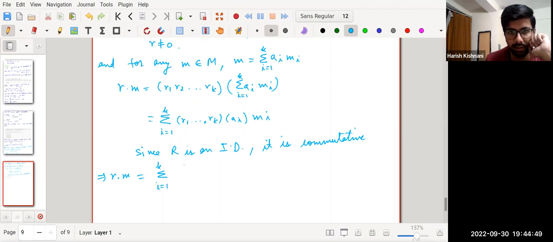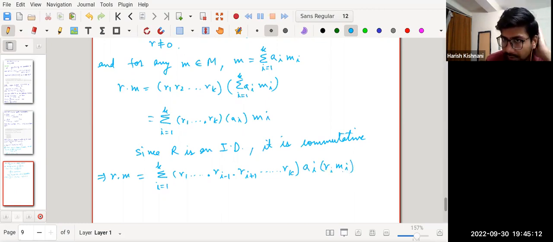Just take r_1 up to r_{i-1}·r_{i+1}·r_k times a_i r m_i, but that part is 0, right?